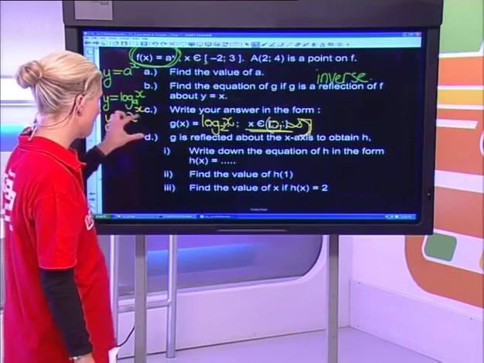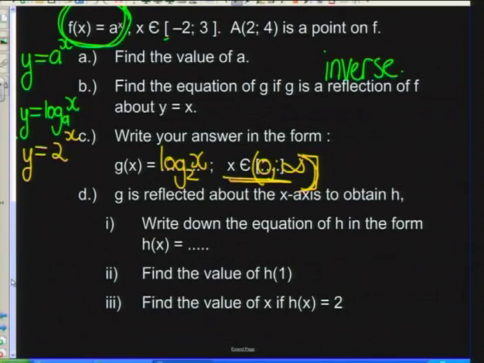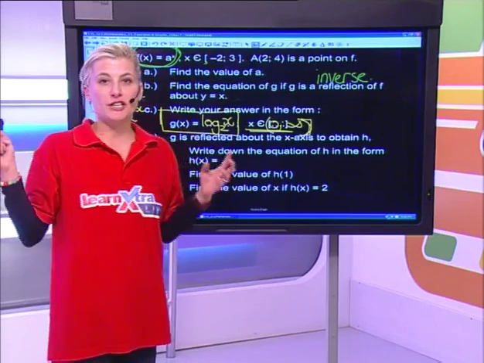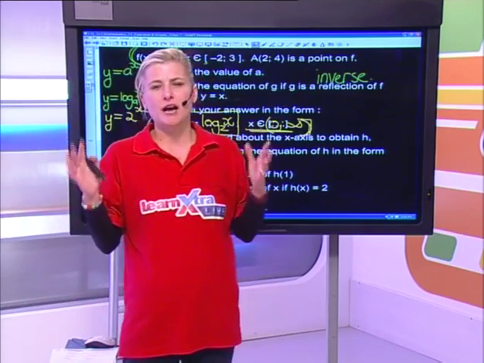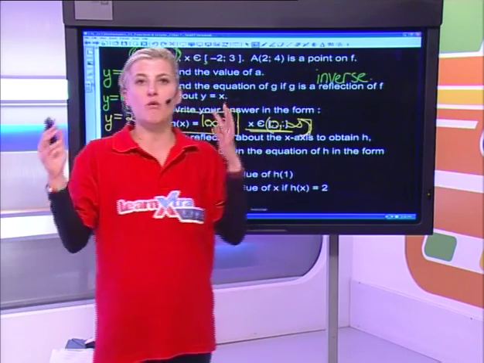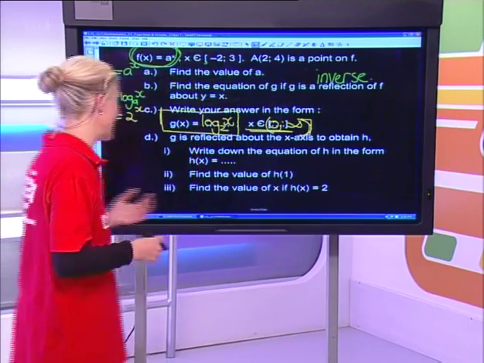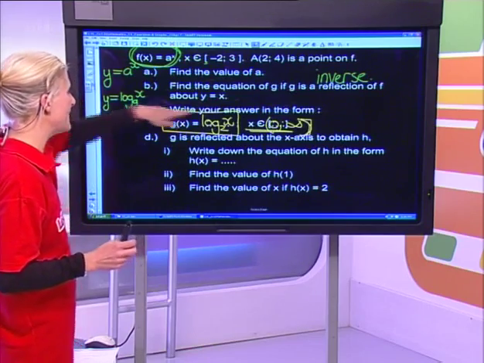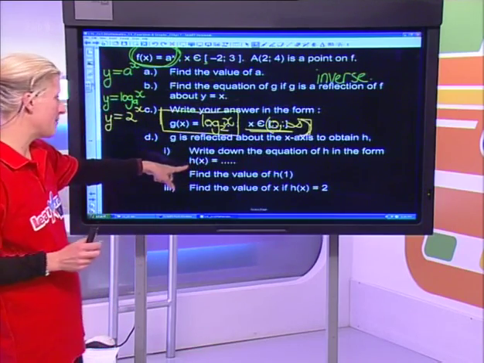Now they say, g, so this is this guy over here that I'm blocking off. G is now reflected in the x-axis to give me a graph H. Right. Now, we've spoken last week and earlier today about what happens if we reflect in the x and the y-axis. If I reflect in the y-axis, x becomes negative. If I reflect in the x-axis, y becomes negative.